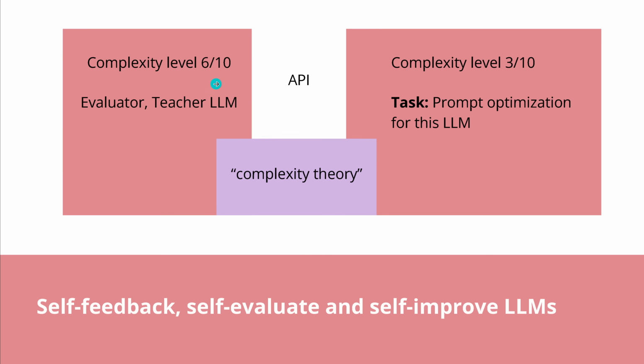The moment GPT-4 outputs something for Mistral 7b that is too complicated in its semantic structure for Mistral 7b with a complexity level of 3 to implement, all this self-feedback and self-evaluate and self-improve fails completely. You have a hard interrupt here. The system is not able to understand what it could do because maybe its self-reasoning capabilities are not at all able to understand the input from GPT-4.